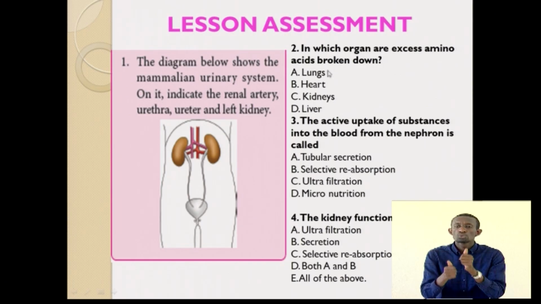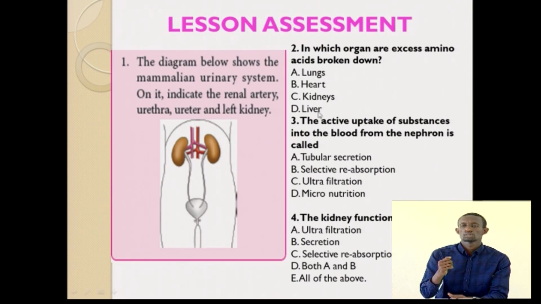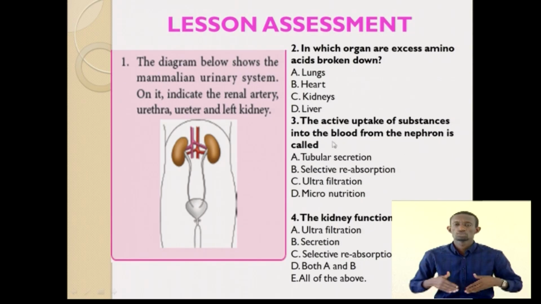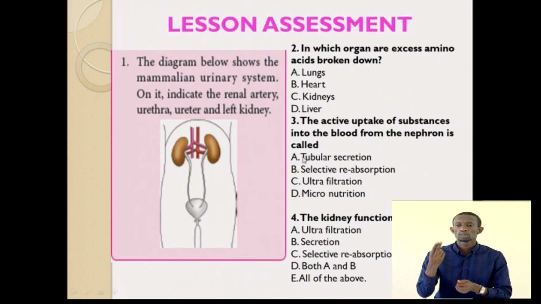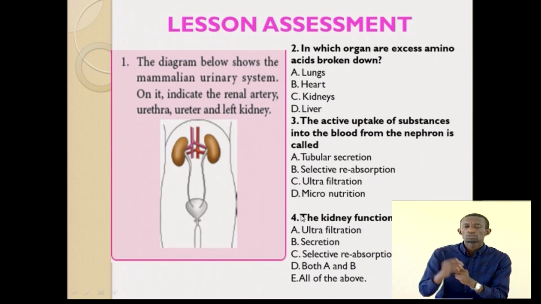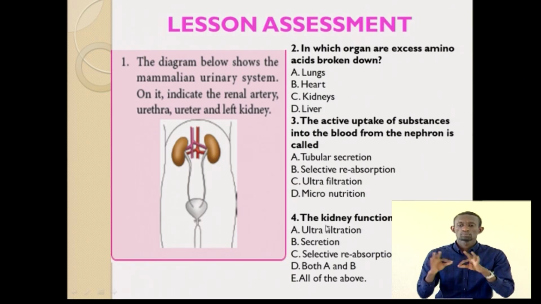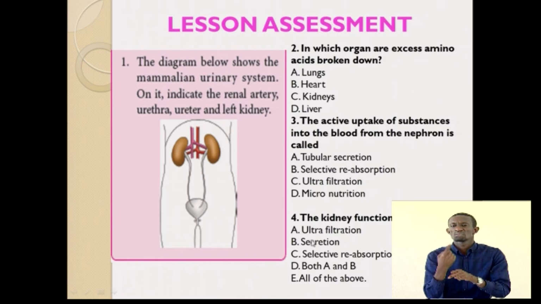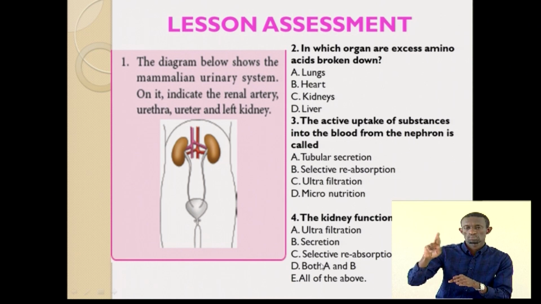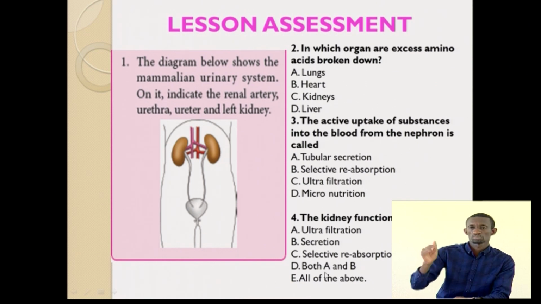Number 1, lungs; the heart; the kidney; and the liver. Number 3, the active uptake of substances into the blood from the nephron is referred to as dash dash. We have options A, B, C, and D. The last question says the kidney function is achieved by ultrafiltration, secretion, selective reabsorption. Both A and B are correct, or all of the above are correct.